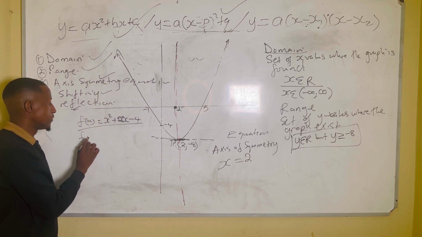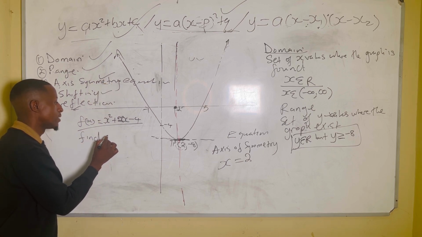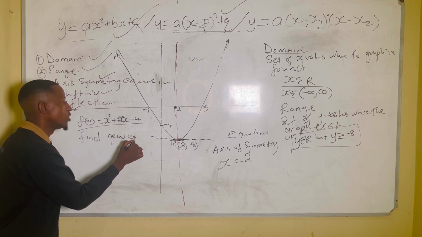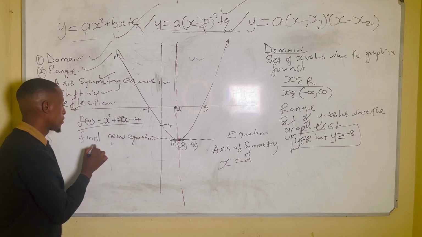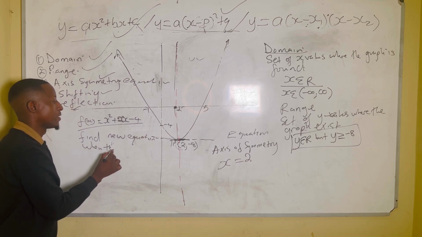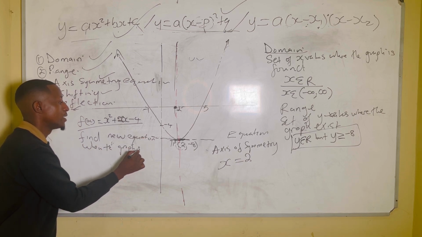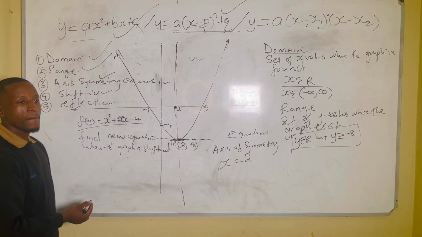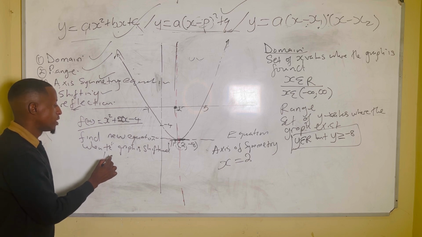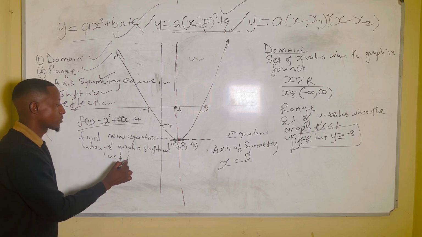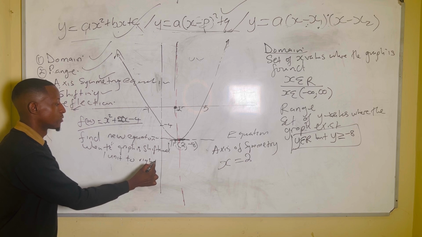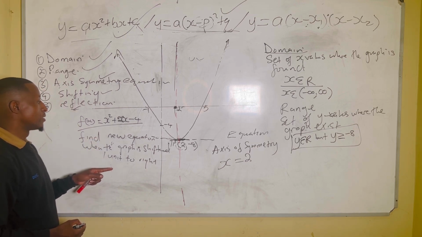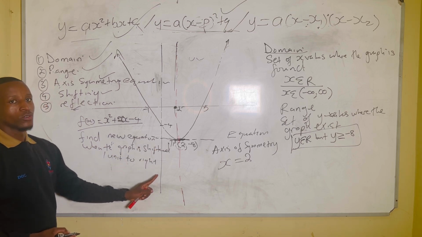The question says find the new equation when the graph is shifted 1 unit to the right. That is the question, meaning find the new equation if the graph is shifted 1 unit to the right.